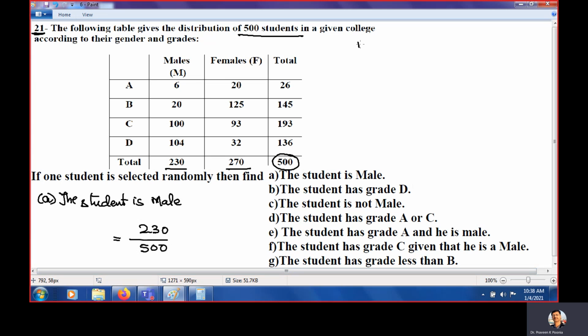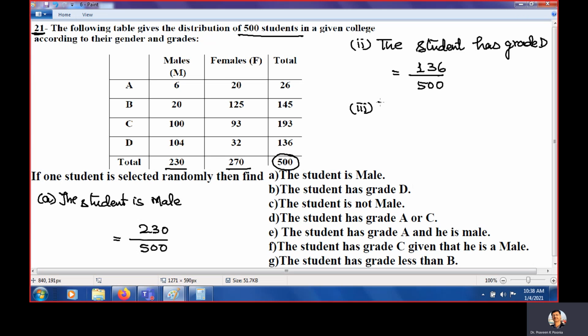Question number 2. The student has grade D. So same 500. And how many students have grade D? Grade D are 136. So the answer is 136 upon 500. Now one more question we can have here.